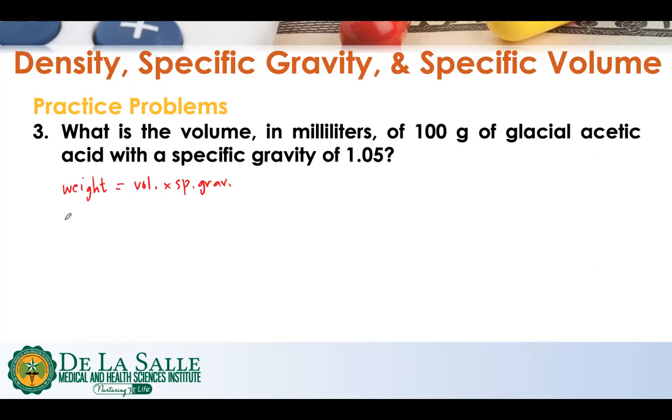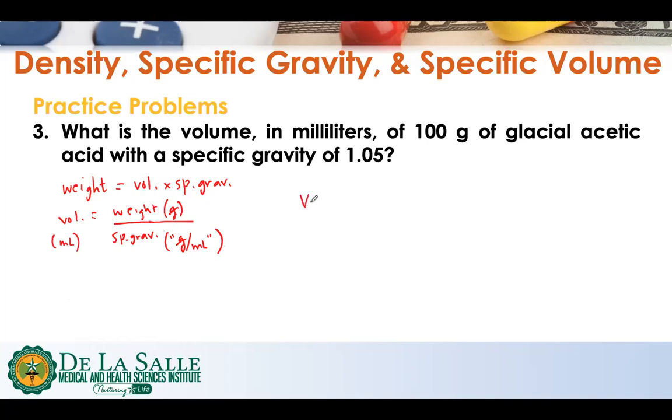Therefore, we can determine the volume of any substance as the weight divided by the specific gravity. Now, remember again that if the unit of the weight is in grams, our specific gravity has an imaginary unit of gram per ml. So we cancel the gram, so the unit of our volume will be in milliliters.